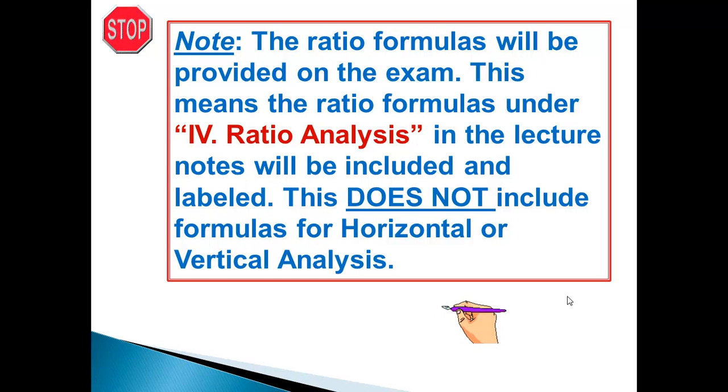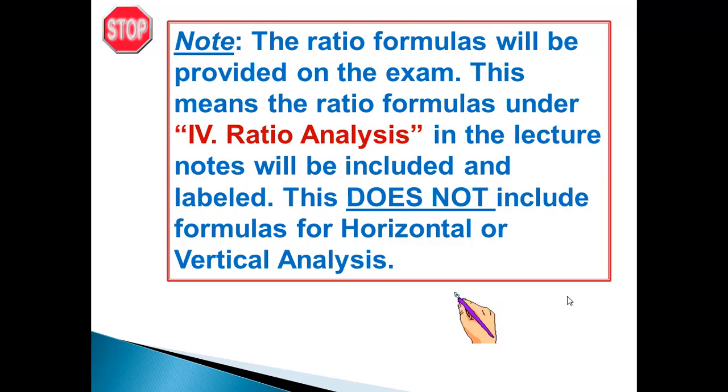Right, now the other thing, there are going to be 15 or 20 formulas, and these ratio formulas will be provided on the exam. You're going to want to stop and make a note that this means that the ratio formulas shown under Roman numeral 4, ratio analysis, in your lecture notes, will be included and labeled.